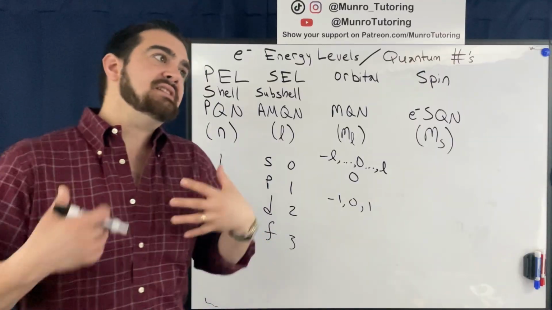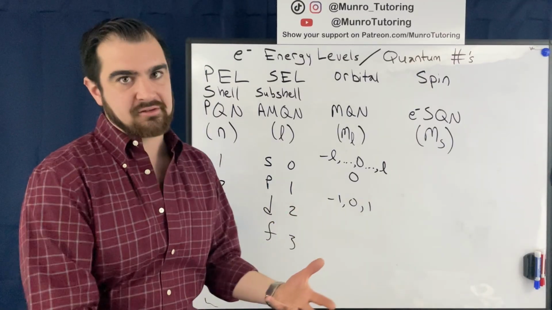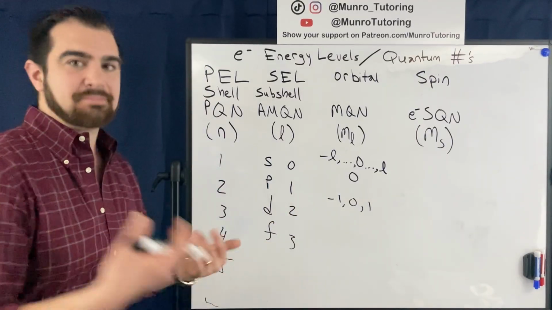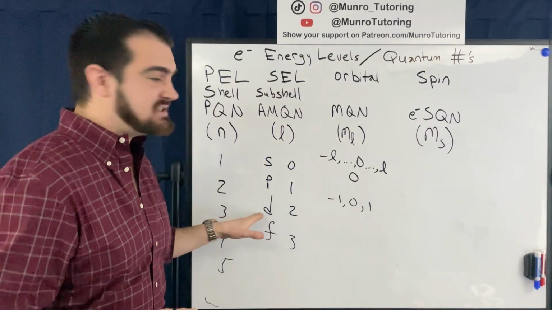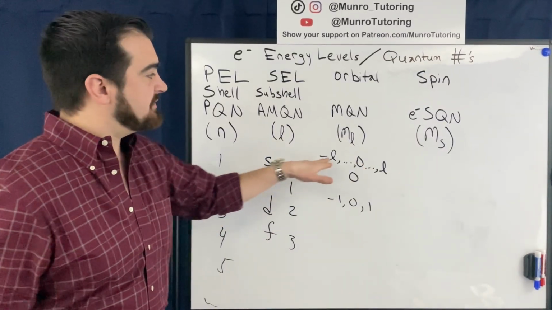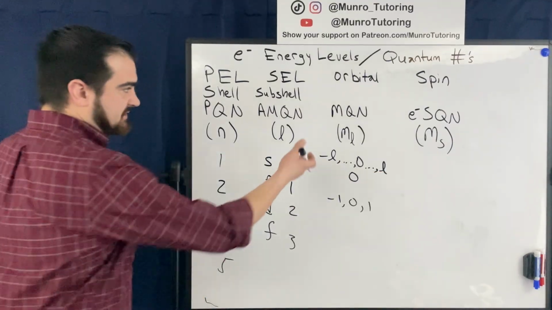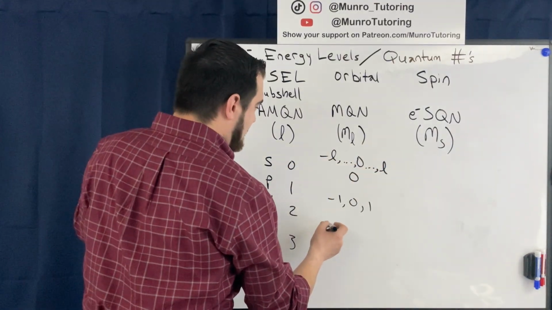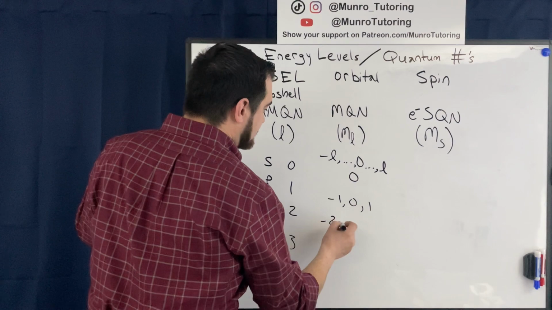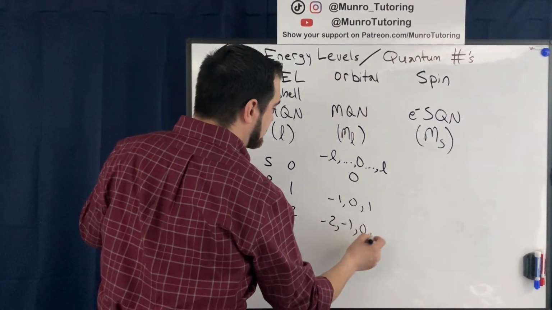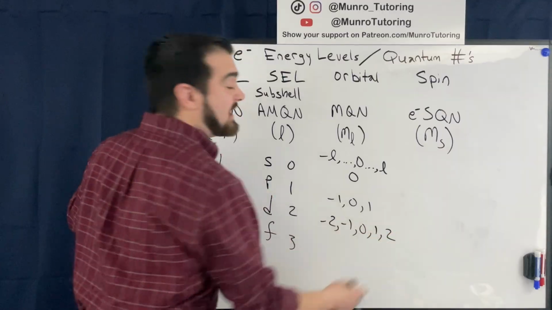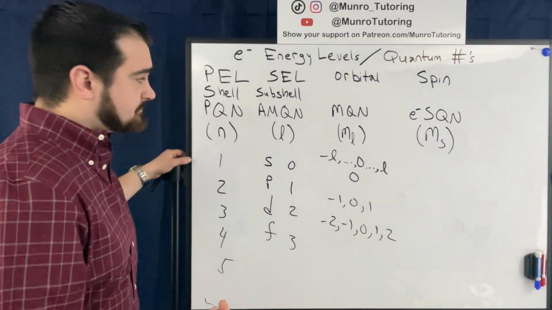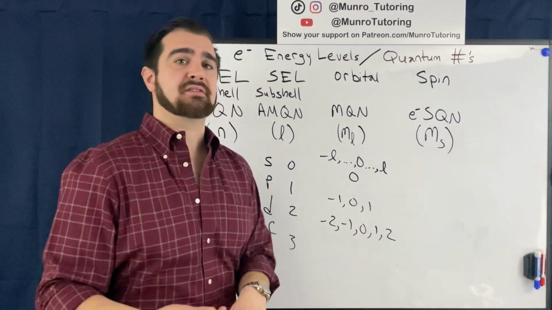So then if D has 5 orbitals, well, then we're going to expect that there should be 5 values for m sub L for a D. And if we just follow this little formula here, or this algorithm, whatever, we go from -2 to -1 to 0 to 1 to 2. That's 1, 2, 3, 4, 5 orbitals. Again, these are just really labels, okay?